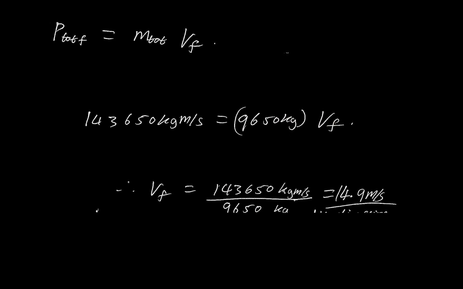Rearranging for Vf gives us 143,650 kilogram meters per second divided by the 9,650 kilograms. Of course, that will cancel these units and we'll end up with an answer of about 15 meters per second.